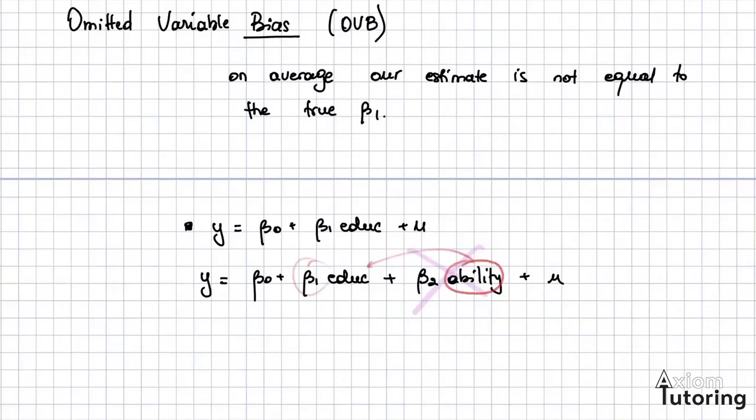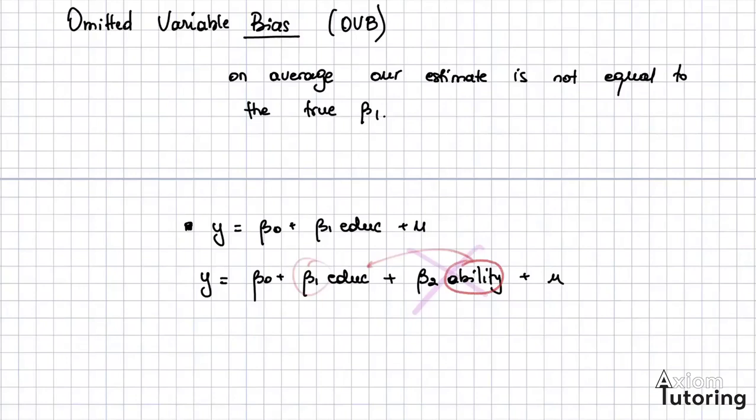So these are, in a sense, two sides of the same coin, because Frisch-Waugh is saying what regression does when you include the right variables, while OVB is literally telling you what goes wrong when you don't. So keep that connection in mind, because it will make everything that follows a lot clearer.